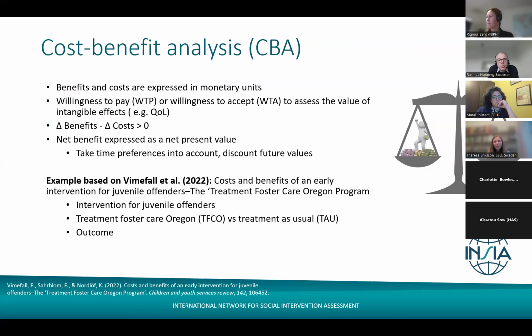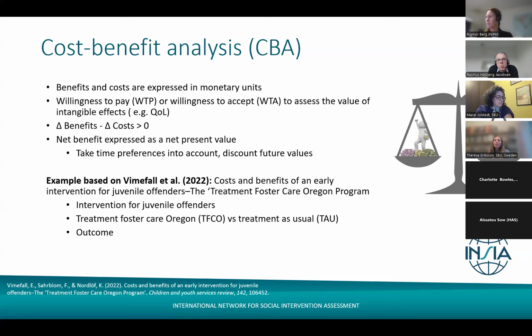In a cost benefit analysis, both benefits and costs are expressed in monetary units. So when there are intangible effects or effects that are not market goods, we need to value these effects using methods like willingness to pay or willingness to accept to assess the monetary value of these kinds of effects.